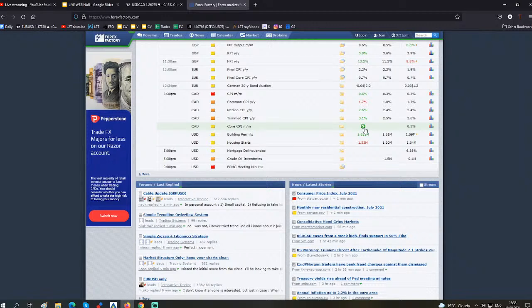Also, I've told you that the pair failed to retest the upside line of this sub channel. So right now the outlook is still bullish here on the US dollar versus the Canadian dollar. Maybe we'll have a retest, something like a sideways movement, and the potential breakout here could signal a potential growth.